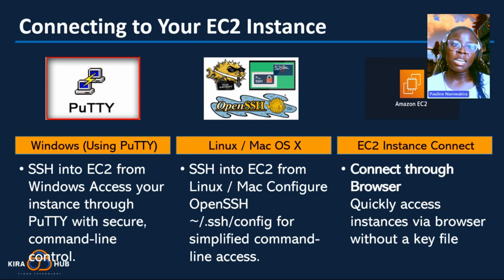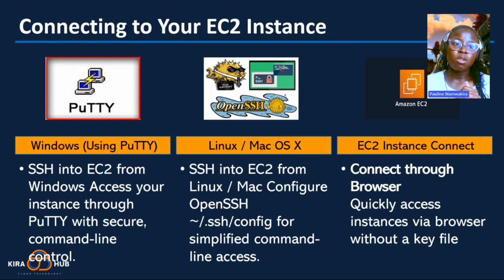For Mac and Linux users, Linux and Mac systems always come with OpenSSH, which allows you to SSH directly from the terminal. And then we have Instance Connect, which is a browser-based version. With Instance Connect, it's a quick way to connect through the browser without needing a private key. AWS temporarily uploads a key for the session, and you need to ensure that port 22 is open.